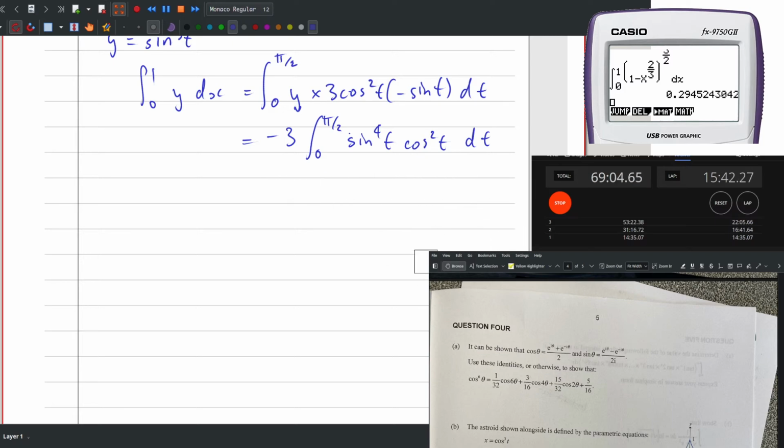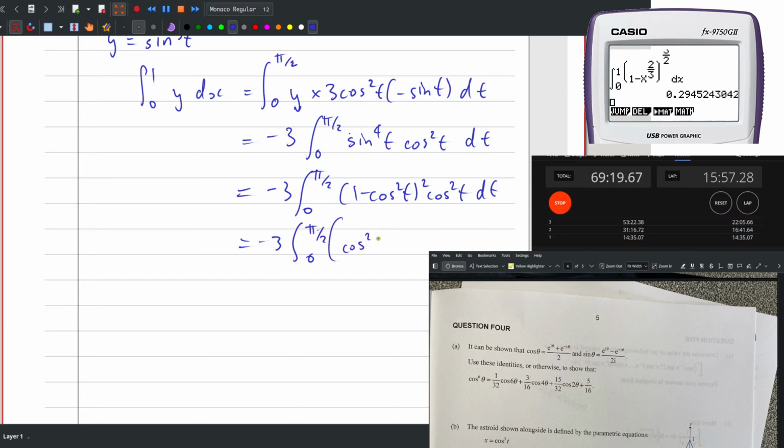Let's do it the same as 4a. Negative 3. It should be 2.